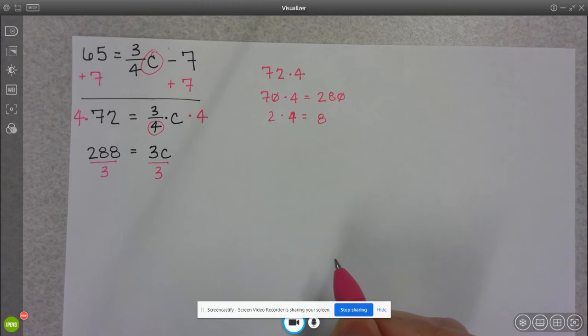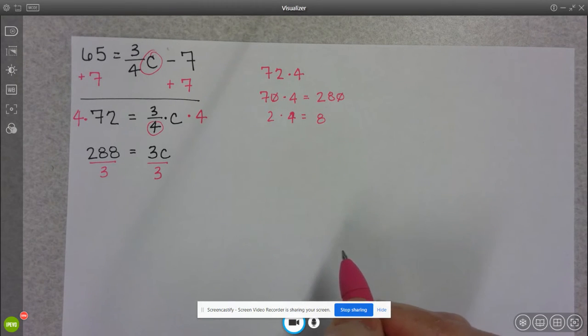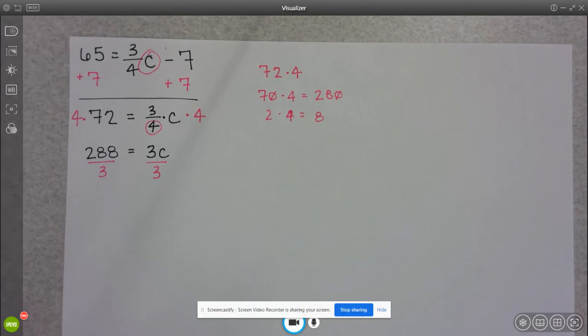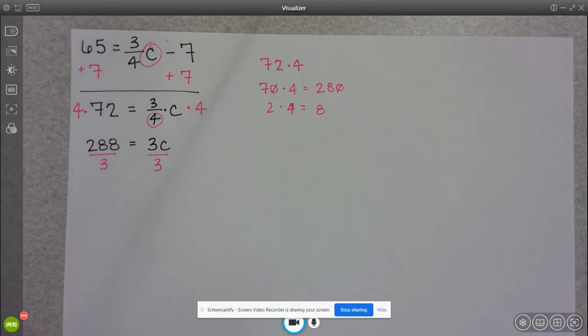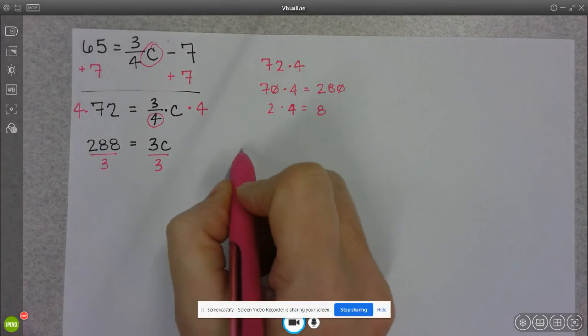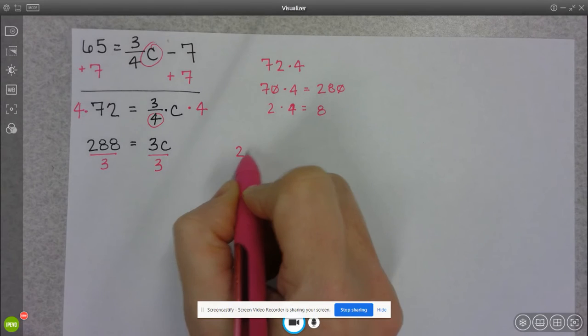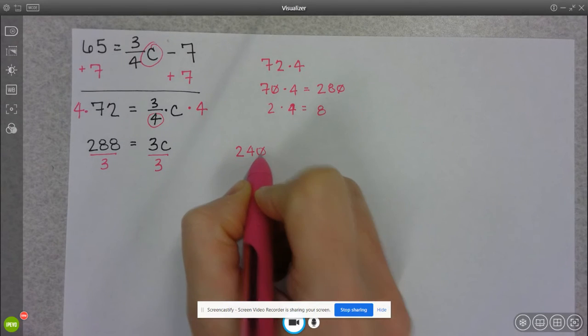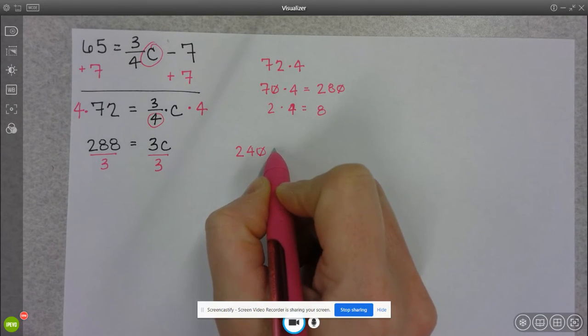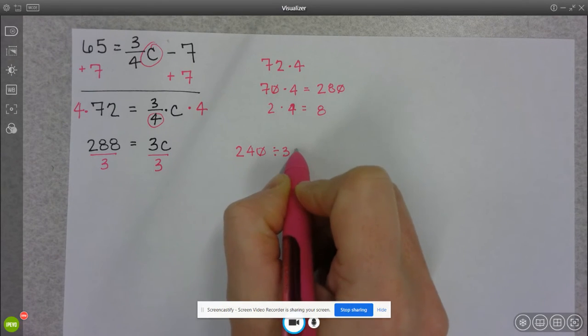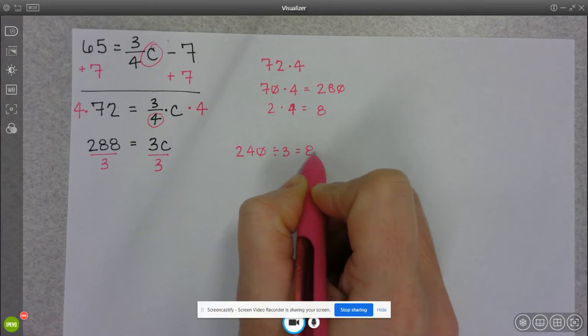Personally, for my mind, I like to break it down into things that I'm more comfortable with, and I kind of work backwards using multiplication. So I know that I could evenly divide 240 by 3. So that would be 80.